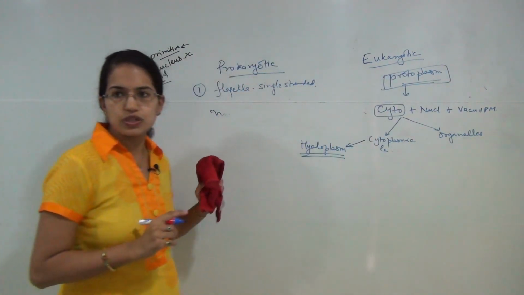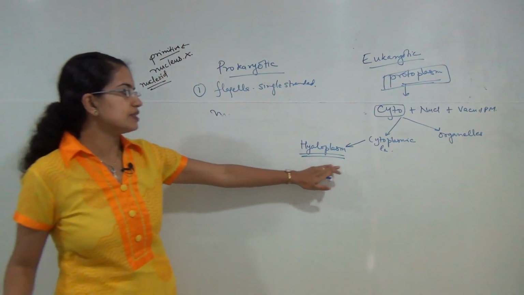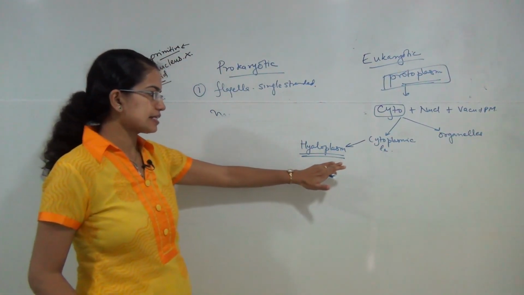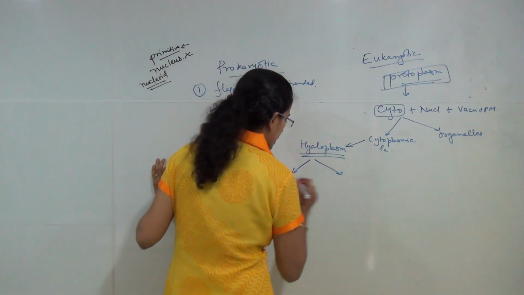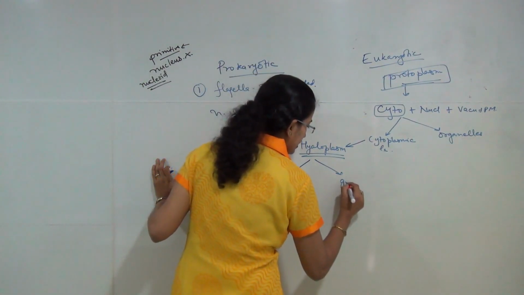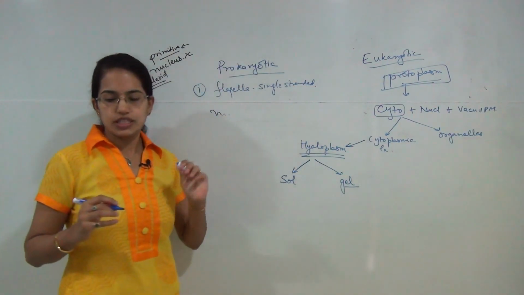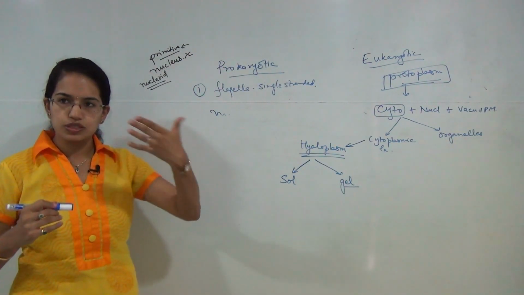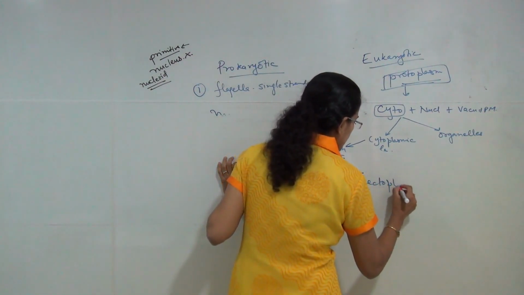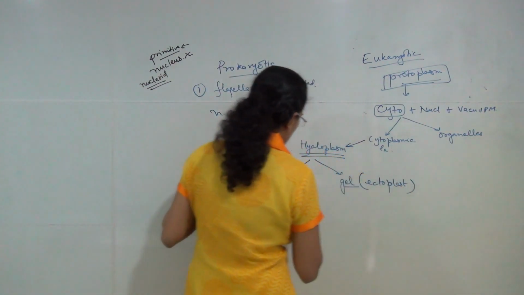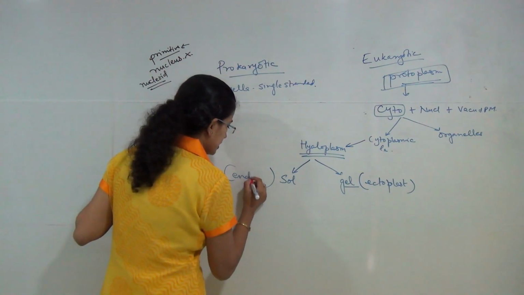Most of the students are confused here. So the cytoplasm has haloplasm. This haloplasm is further divided into two types, the sol and the gel. Now gel is the one that is towards the outer side, towards the membrane. So it is known as ectoplast, and the sol is known as endoplast.